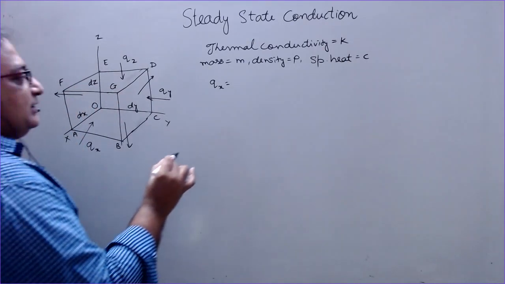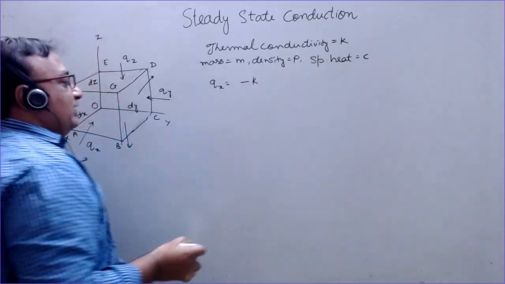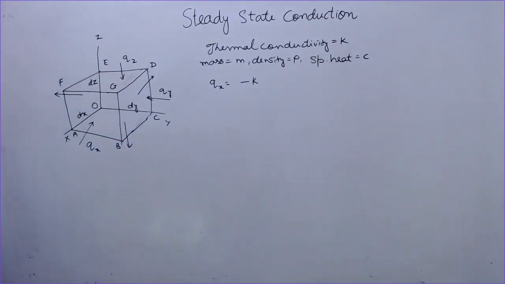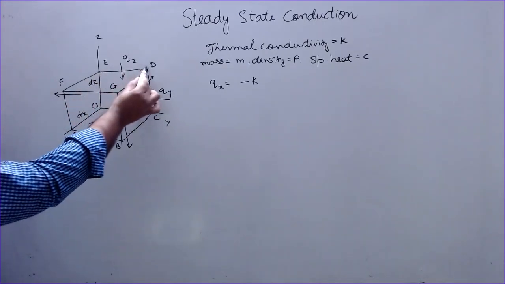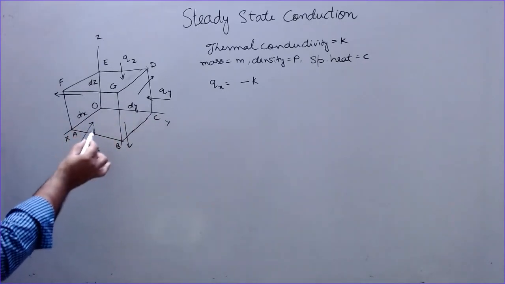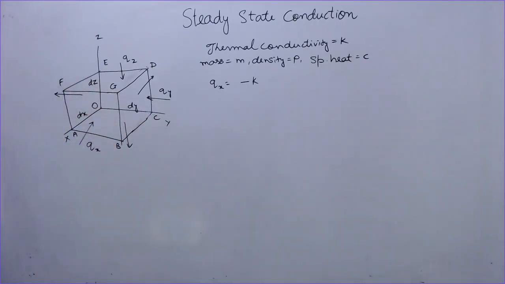So qx is minus of KA. What is A? The heat flowing perpendicular to the direction, that area you have to take. So qx is flowing perpendicular to EDCO. So this is a rectangle, the area is dy into dz.